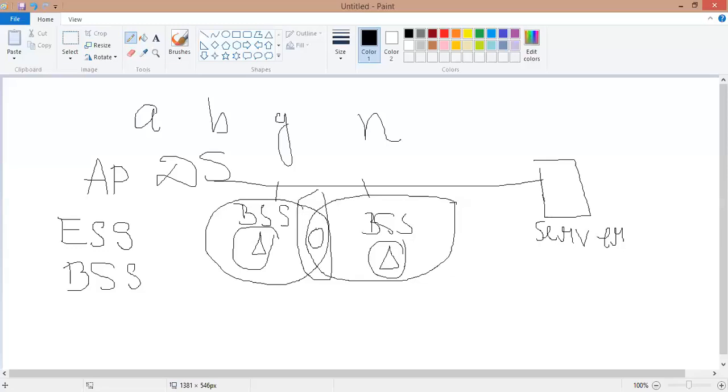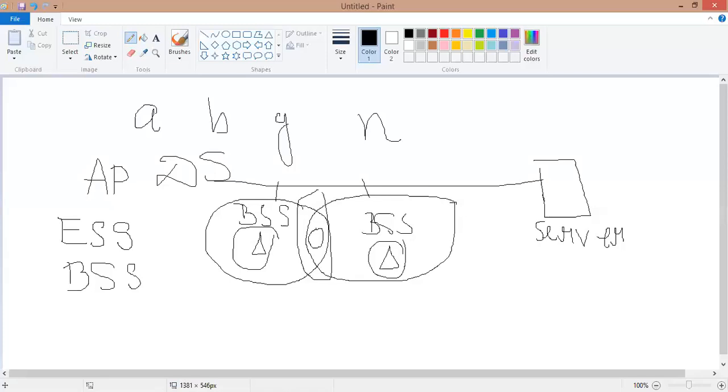Now, I told you what are the different types of stations. In case of IEEE 802.11, there are three stations.